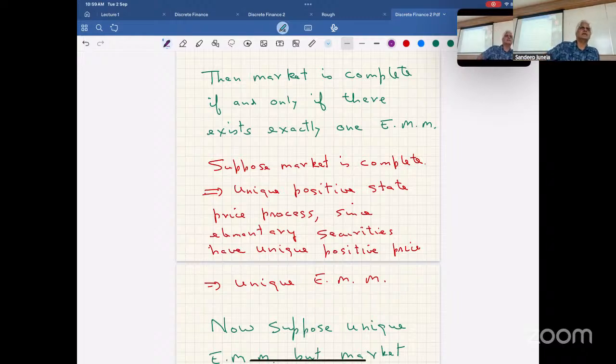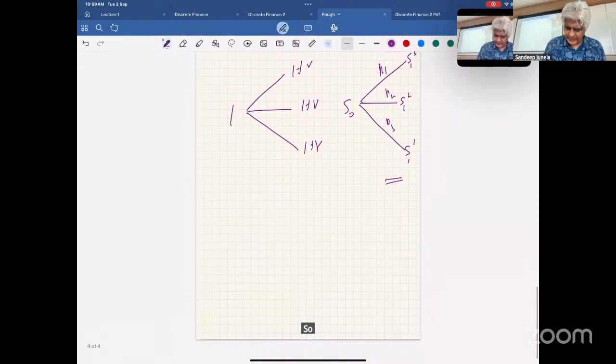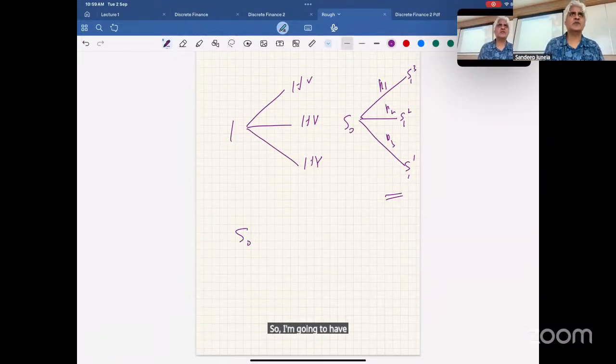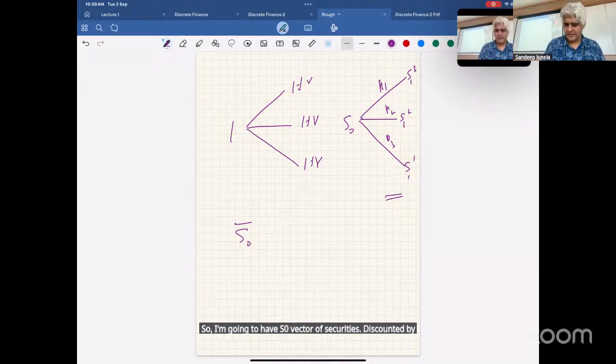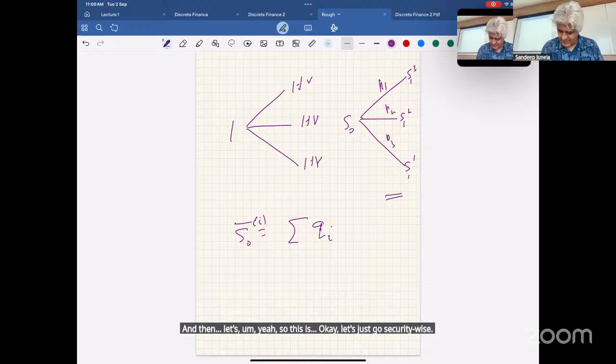The way I understand it, the martingale measure is a property, right? It's a probability measure such that, let's write that down: the vector of securities' prices at time 0, discounted, is equal to the summation over Qk, k equal to 1 to m, of the discounted payoff in state omega k for security i.